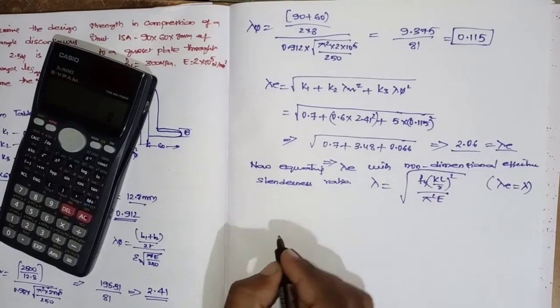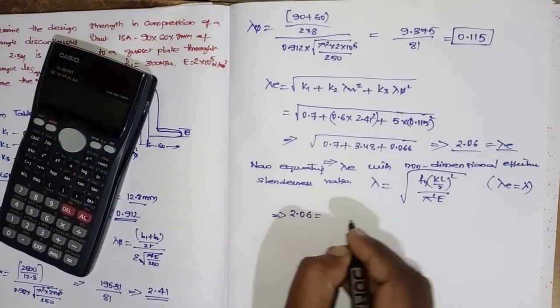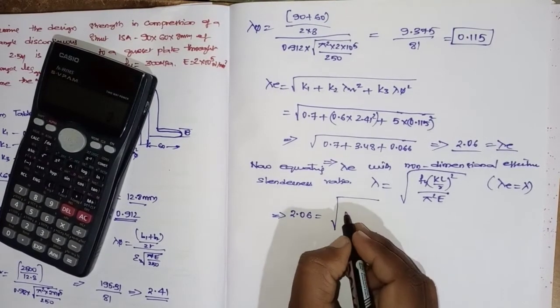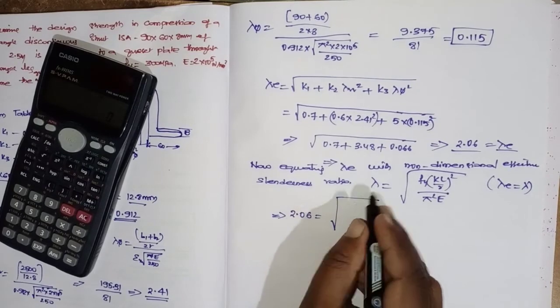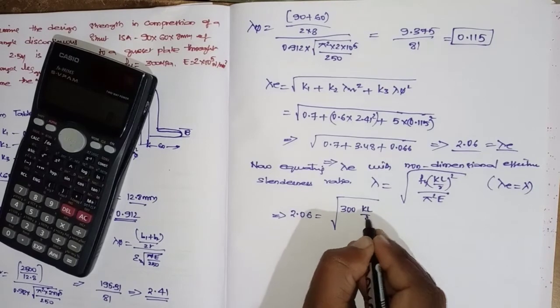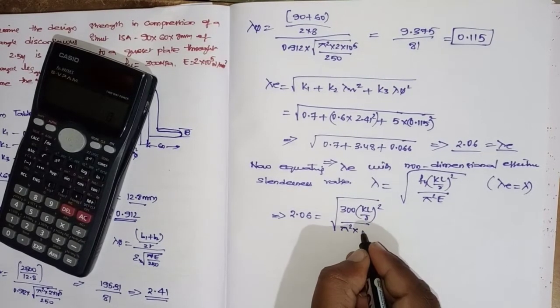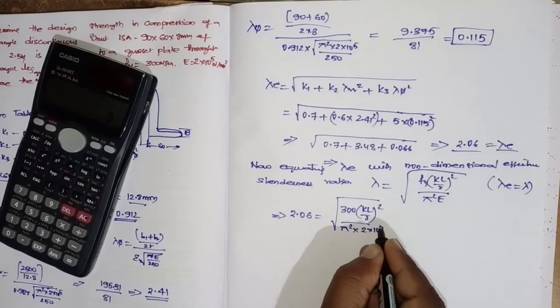Now what is the lambda E value? 2.06 equals the root of, I know, fy as 300, KL by r square by pi square into E, 2 into 10 power 5, right?